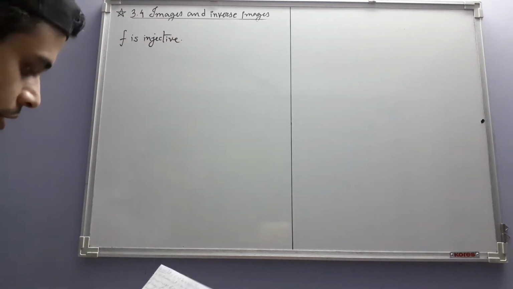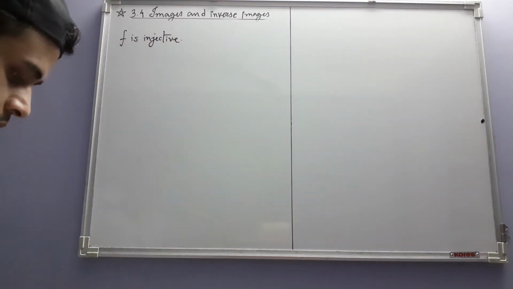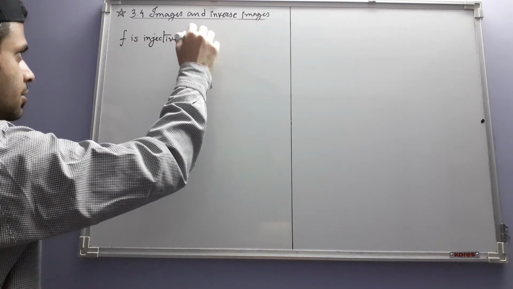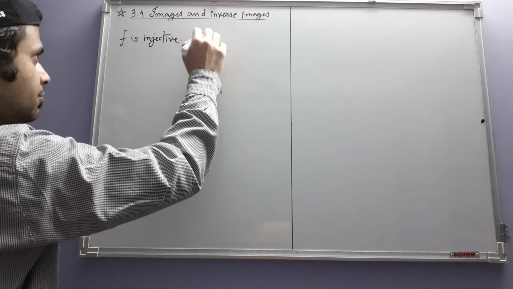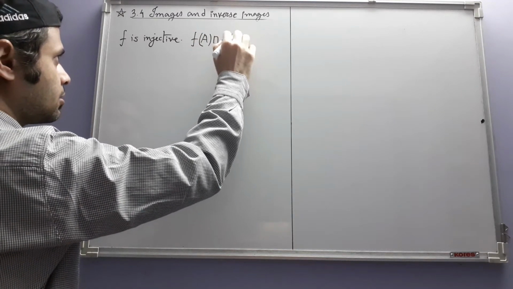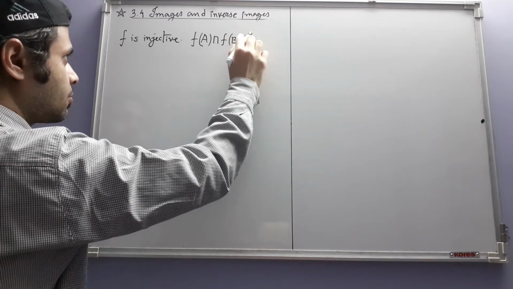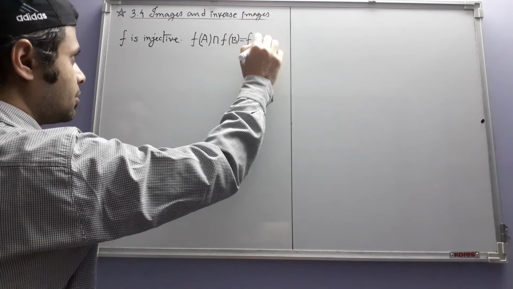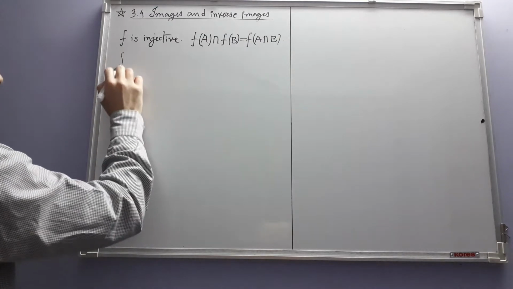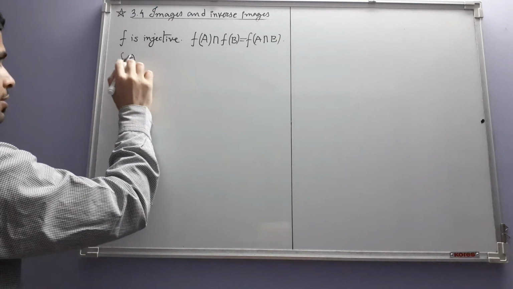Under this assumption, we were going to prove these two things. One of them is this: f of A intersection f of B is equal to f of A intersection B, and the other is of course the one involving differences.